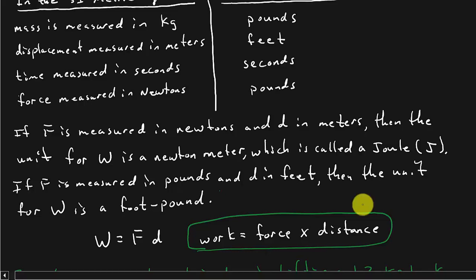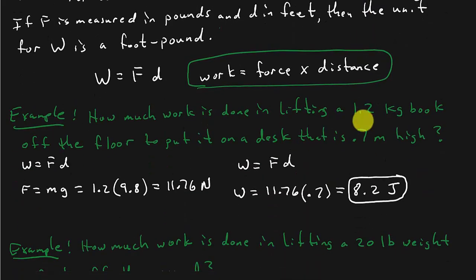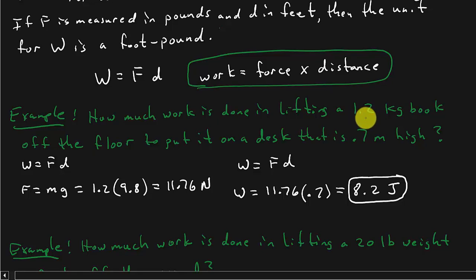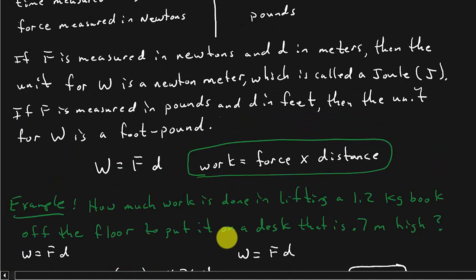Well, look what they gave us in the problem. They gave us 1.2 kilograms. They didn't give us the force. We had to calculate it. To get the force, we had to multiply the mass in kilograms times the acceleration due to gravity to get our newtons.